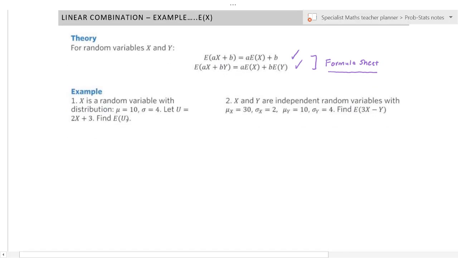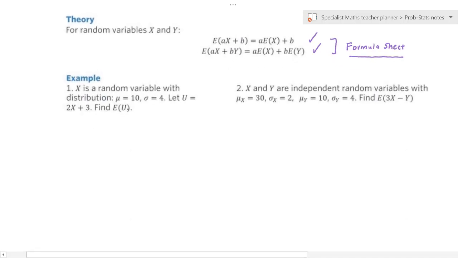X is a random variable with distribution mu equal to 10 and the standard deviation equal to 4. Let U equal 2X plus 3. Find E of U. First of all, we know that U is equal to 2X plus 3, so E of U is equal to E of 2X plus 3.